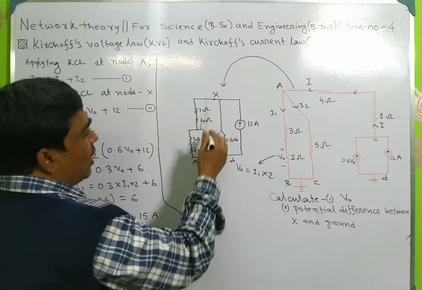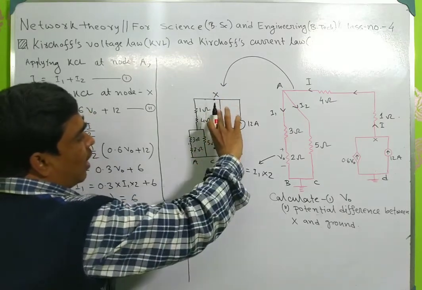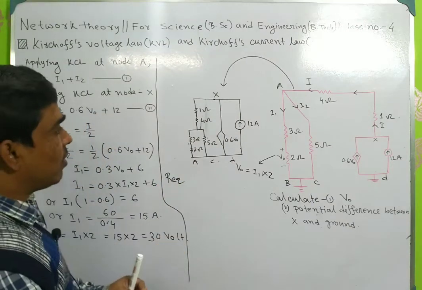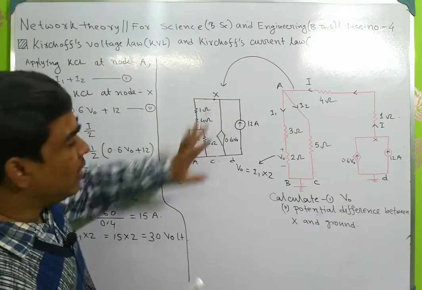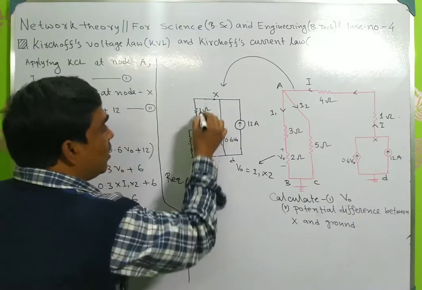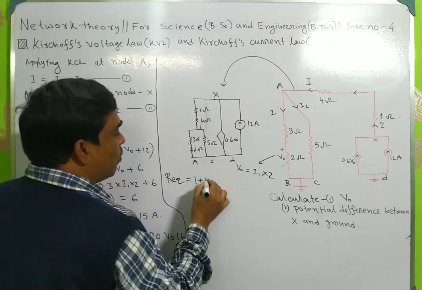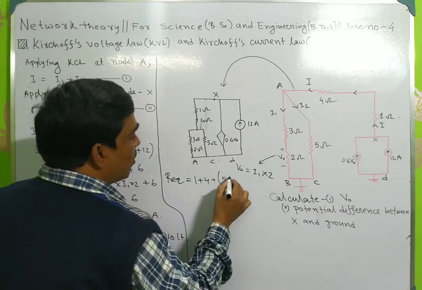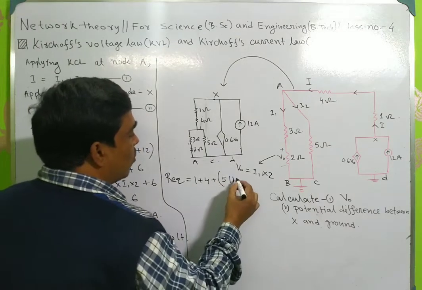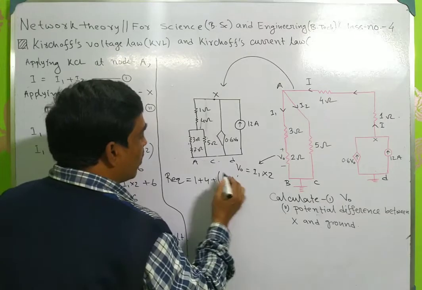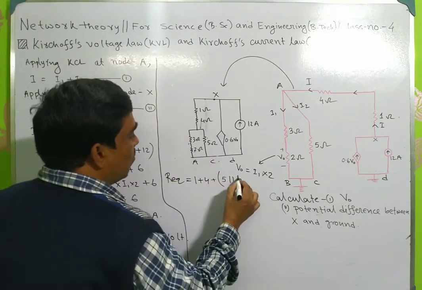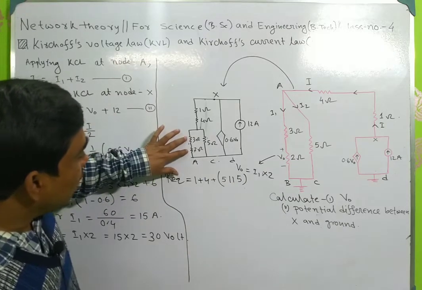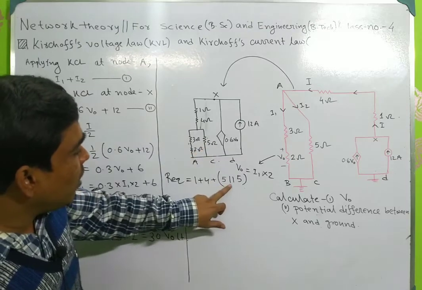So first of all, the resistance across these two points. So the equivalent resistance between these two points is, this is 1 plus 4 in series, plus 5 parallel to this other 5, so 5 parallel 5.